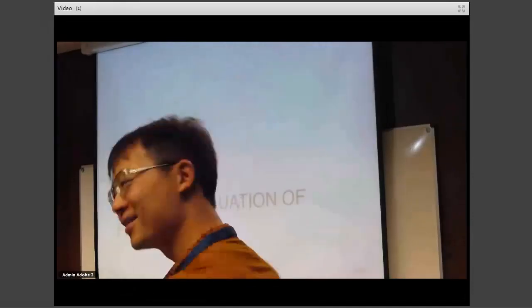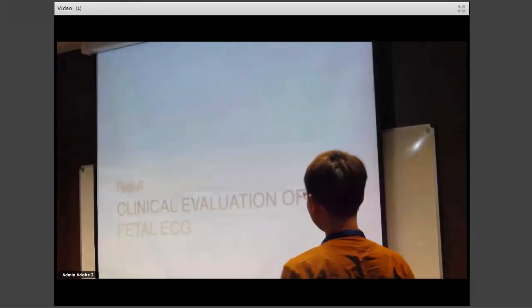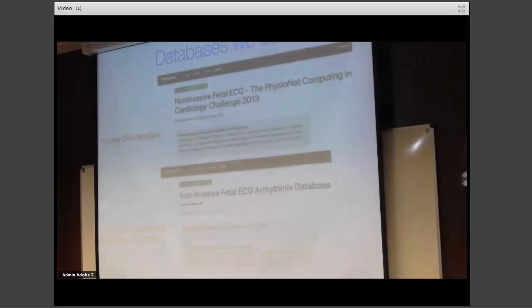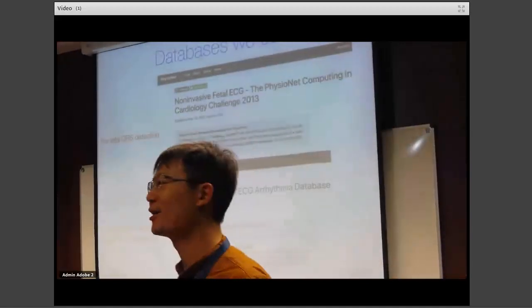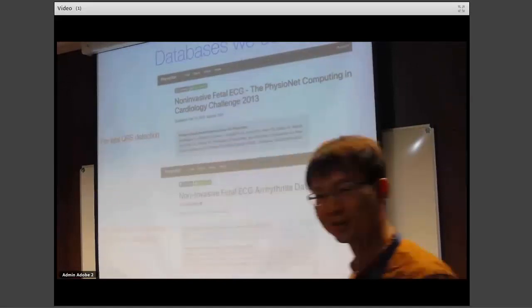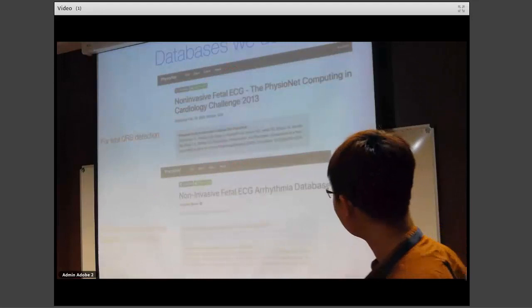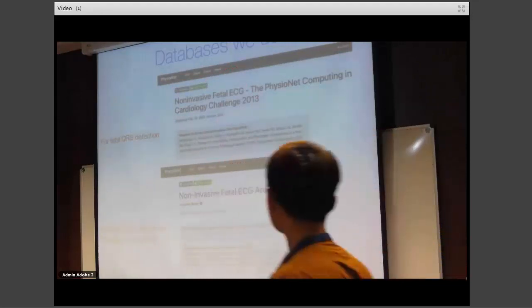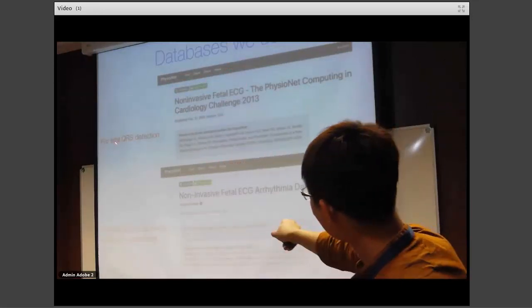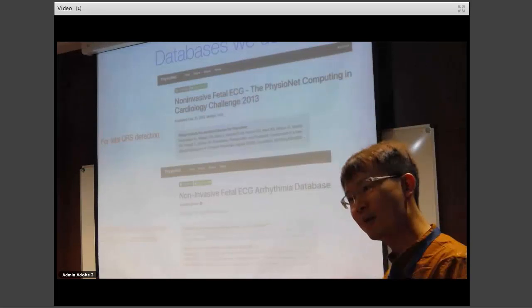And what is the potential? Here, clinical evaluation. I don't have database resources, so the only thing I count on is the internet. Unfortunately, that's kind of my limitation. So I count on, first, the CINC 2013 database for the fetal QRS detection performance.